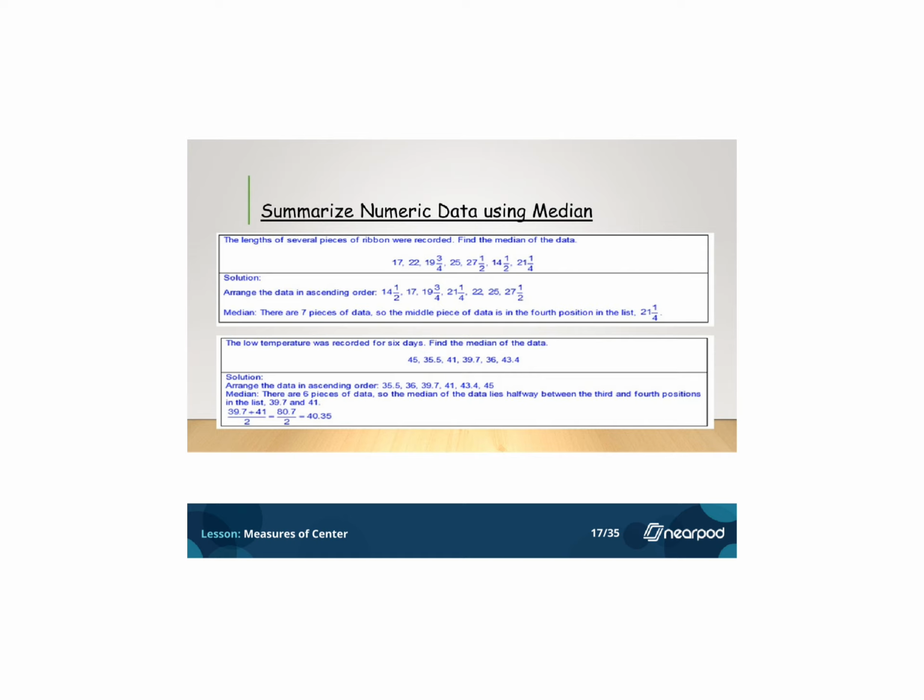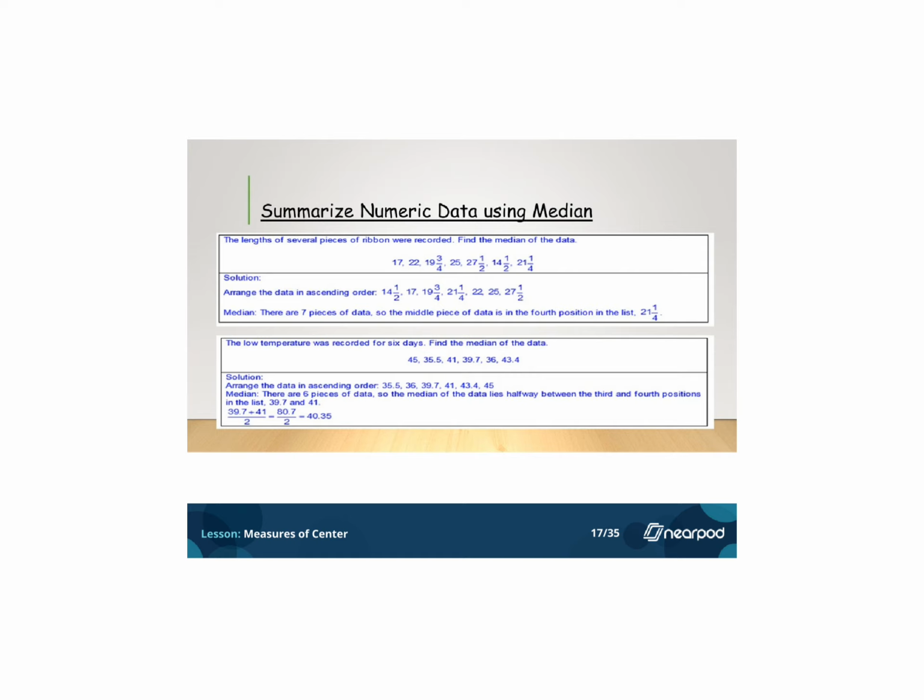The way I do it is you cross out your least number, you cross out your greatest number. You cross out your second least, you cross out your second greatest. You cross out your third least, you cross out your third greatest. Then sometimes you're going to be left with a number in the middle, because I can't cross it out, I don't have anything else to cross it with.